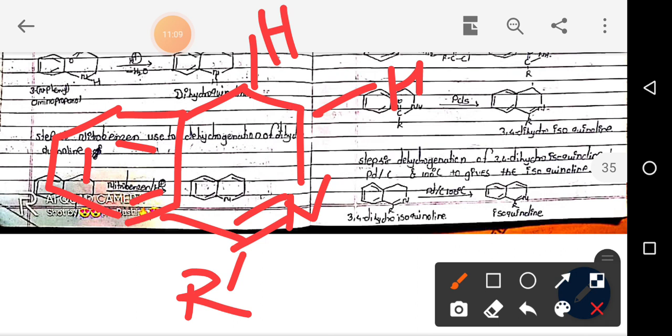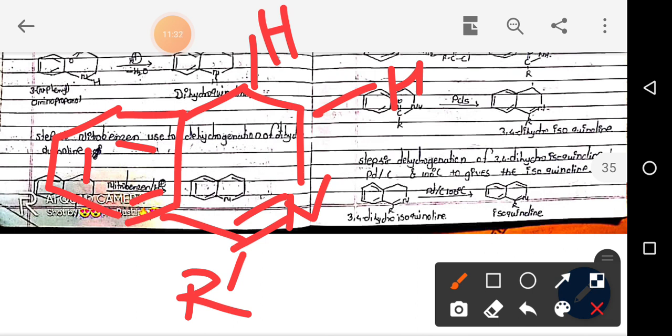How is it formed? To maintain stability, in place of these hydrogen atoms, compensation takes place by the formation of a new double bond.